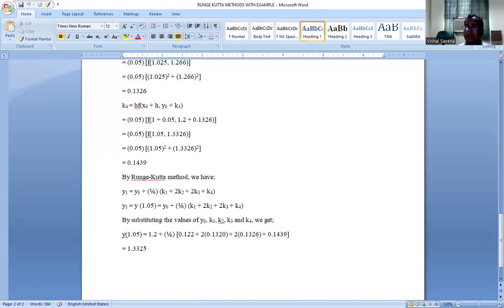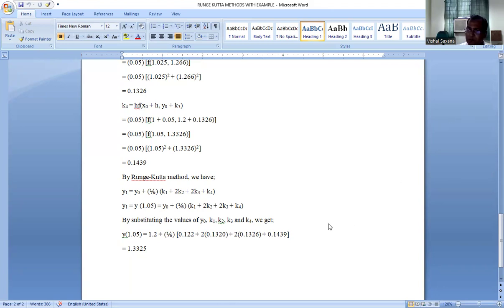In a similar way, if we have to find y2, y3, y4 and other terms, a loop can be taken, where in every step we find these four terms k1, k2, k3 and k4, and then k means 1 upon 6 (k1 plus 2 k2 plus 2 k3 plus k4).